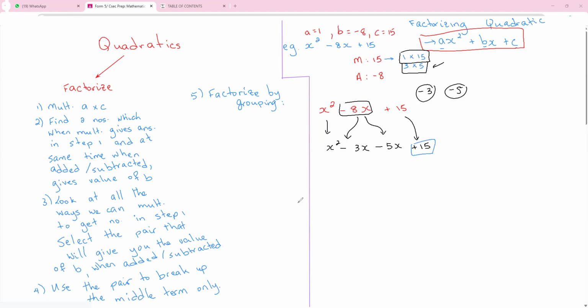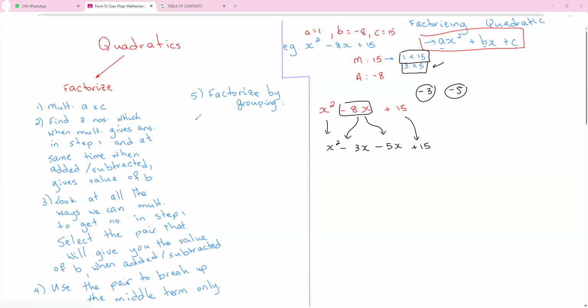So this is a term. It could be a letter or letters alone, like this one. Or they could be numbers and letters like these. They are all separated by either an addition or a subtraction sign. So when we factorize by grouping, it must have 1, 2, 3, 4 terms, right? And this one has 4 terms. So we're going to factorize by grouping.